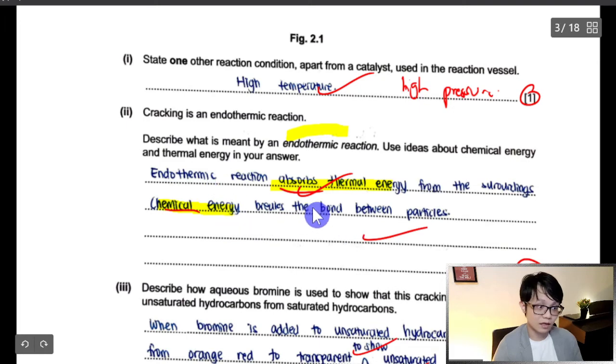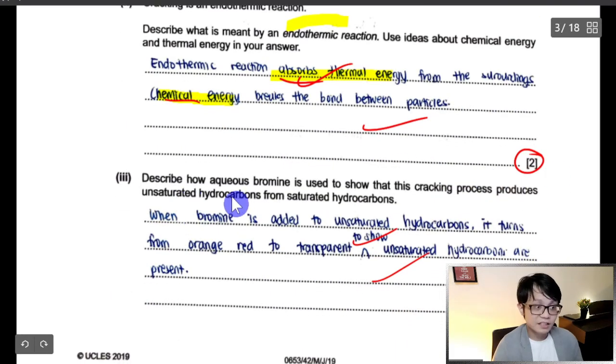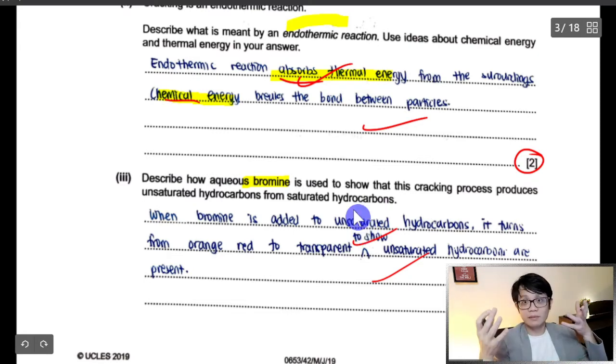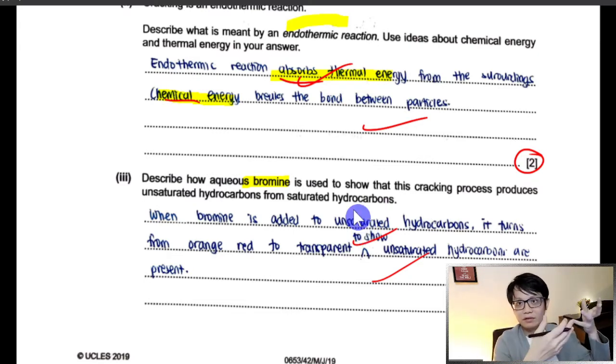Describe how aqueous bromine is used to distinguish the cracking product, unsaturated hydrocarbon, from saturated. Basically he's talking about how bromine is used to test saturated or unsaturated. If you still remember how to test oxygen, you use a lighted splinter; hydrogen, you use a burning wooden splinter; carbon dioxide, you use lime water.